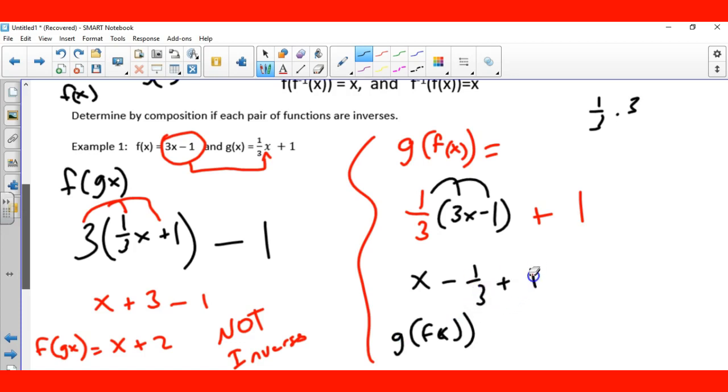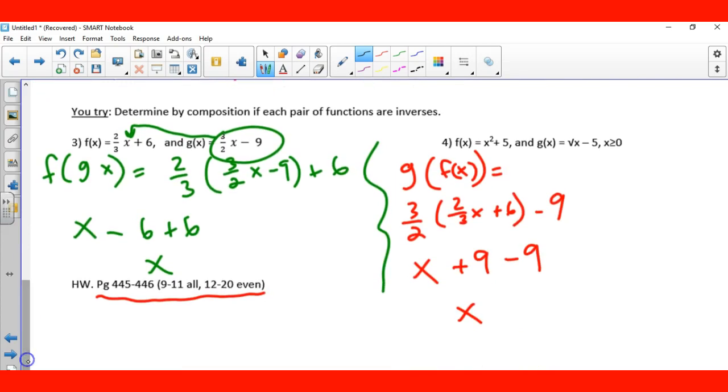If you think about it, I have three out of 3 slices, I gave 1 away. So 3 out of 3 minus 1/3 is going to be 2/3. So x plus 2/3. Now, again, I want you to see that this is not x. So we just confirm they're not inverses. All right, they're not inverses, okay?